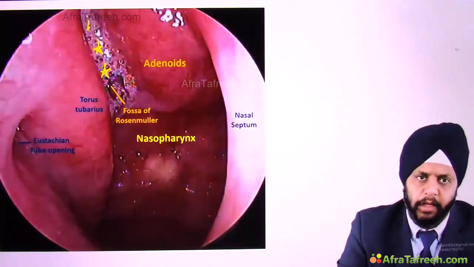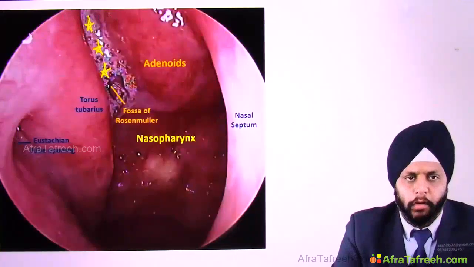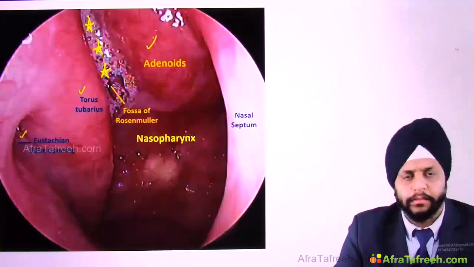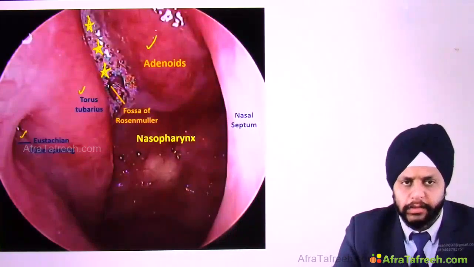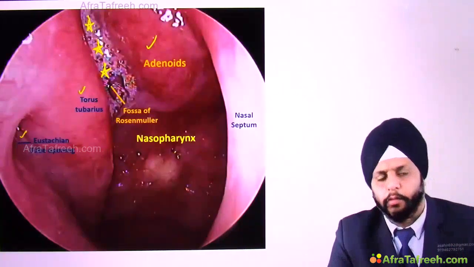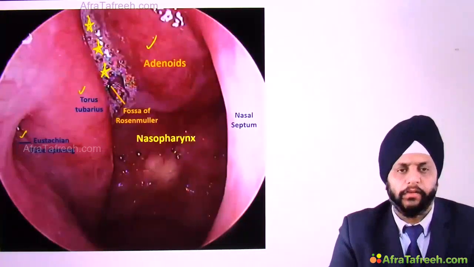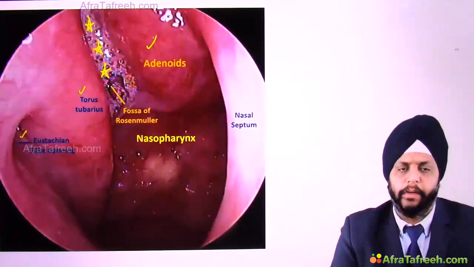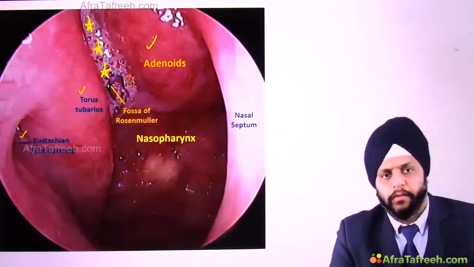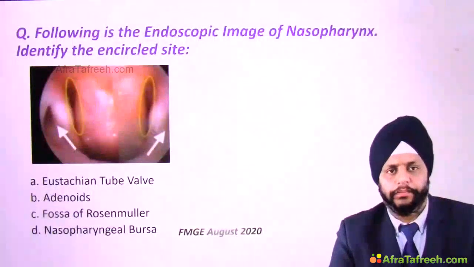A photograph may be given to you, and you may be asked to identify the fossa of Rosenmuller, or the eustachian tube opening, or the torus tubarius, or even the adenoids. So that is your fossa of Rosenmuller. It's a blind space. Even with the help of an endoscope, we are not able to see exactly inside because we are using a straight endoscope. We may be able to see into the fossa of Rosenmuller only when we use an angled endoscope.